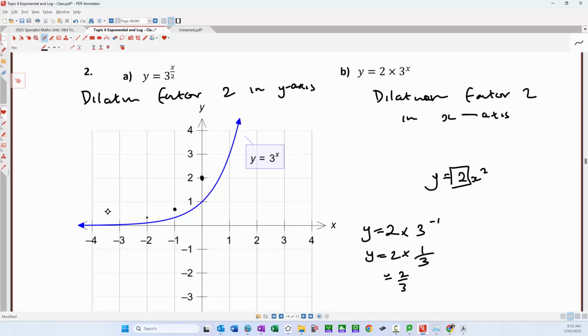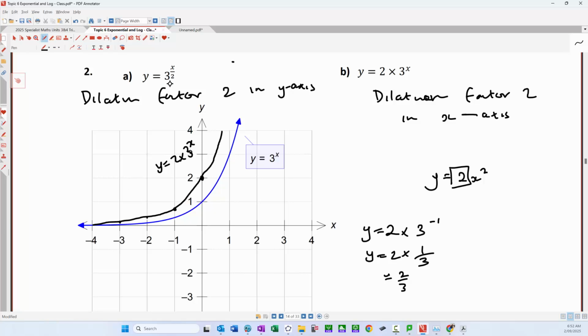So all we're going to do is just double the distance. And this point here, instead of 3, would be 6. Well, that's what we're going to aim for anyway. So we're going to come up through those points and head towards that one there. That's y equals 2 times 3 to the x.